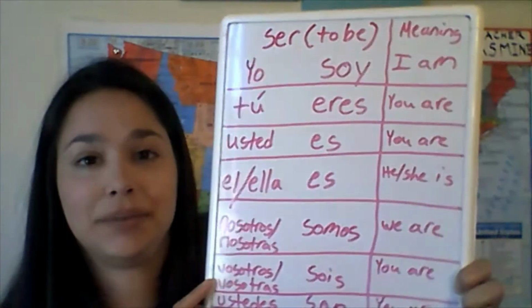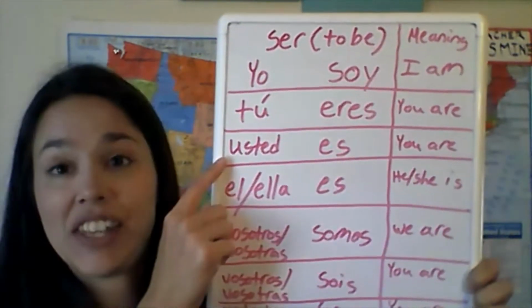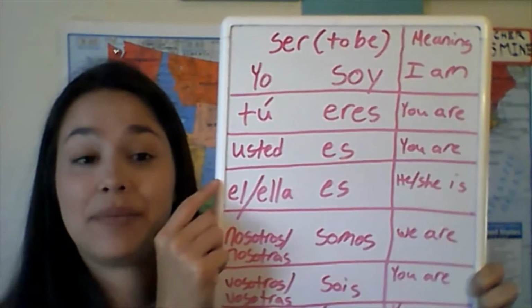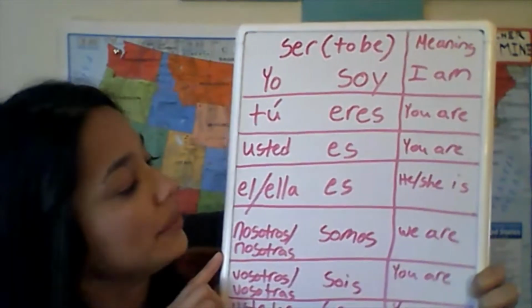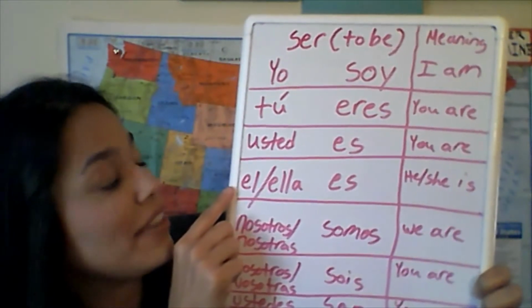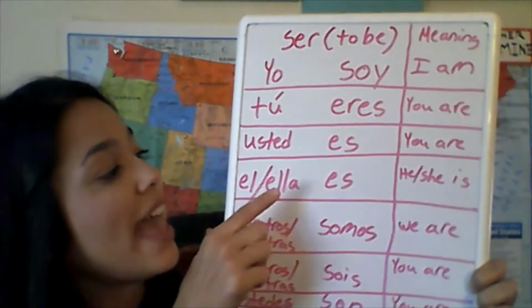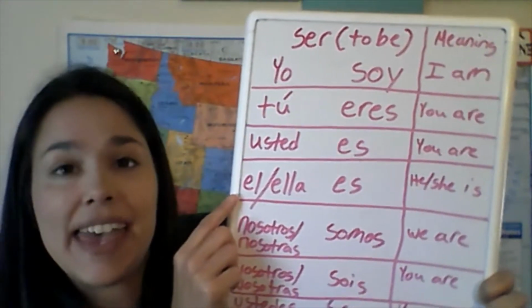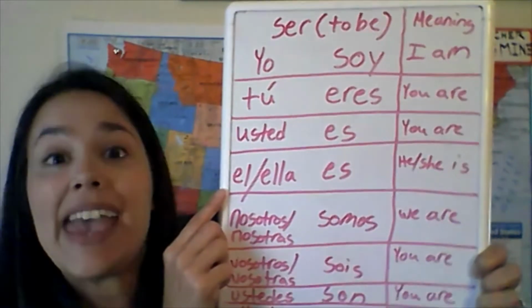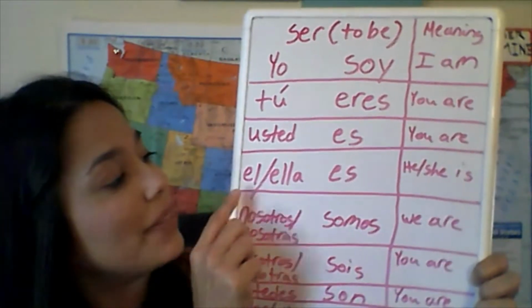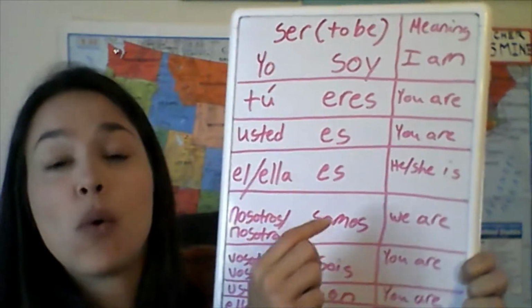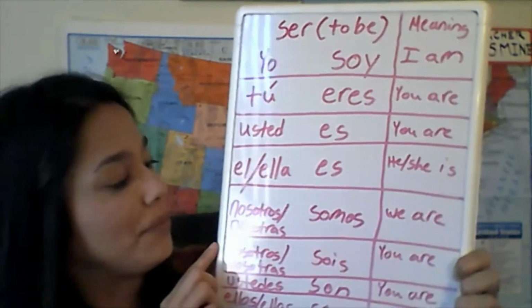You are. Usted es. You are. Él, the masculine, or ella, the feminine, es. Él es. Ella es. He is, or she is.